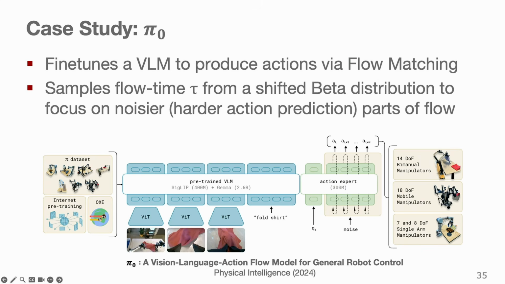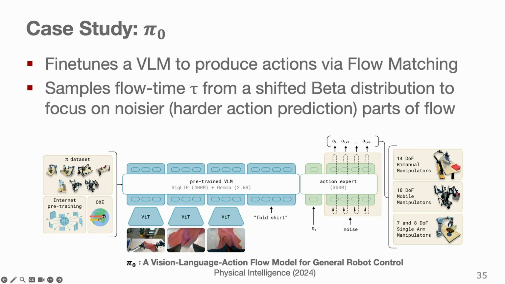All right, in robotics, Pi0 from Physical Intelligence was the first model, as far as I know, to adopt flow matching. Concretely, they fine-tuned a VLM to produce actions via flow matching. So this was, as far as I know, the first flow matching VLA, which now has become the standard or default for most VLAs.